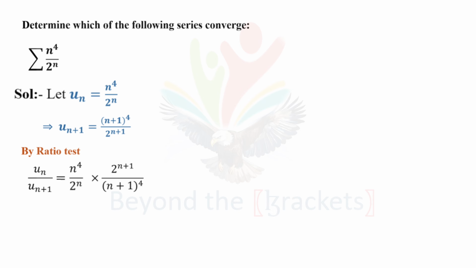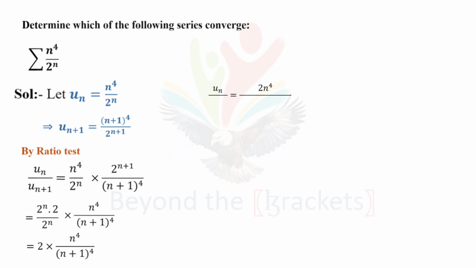2 power n plus 1 in the numerator can be written as 2 power n into 2. So 2 power n in the numerator and in the denominator cancel out, leaving n power 4 into 2 by n plus 1 power 4. We factor out n power 4 in the denominator so that n power 4 in the numerator and in the denominator cancel out, and we are left with 2 divided by 1 plus 1 by n power 4, which helps in evaluating the limit.